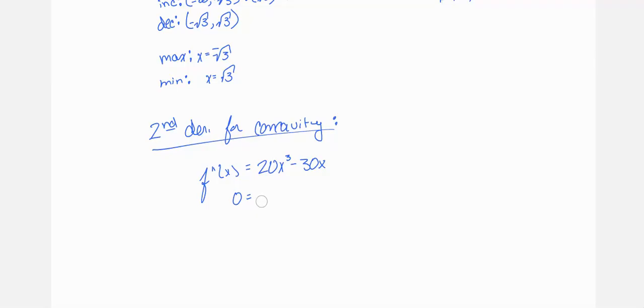So I'm going to factor out a 10x. And that's going to leave me with 2x squared minus 3. x is going to be plus or minus square root of 3 over 2.